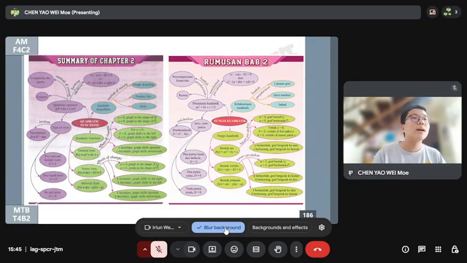We can find the roots by using the formula and completing the square, and we can determine the types of roots of the quadratic equation, which involves the discriminant. We use b squared minus 4ac to determine the type of roots. We have three different cases.